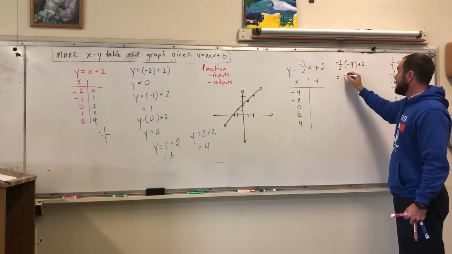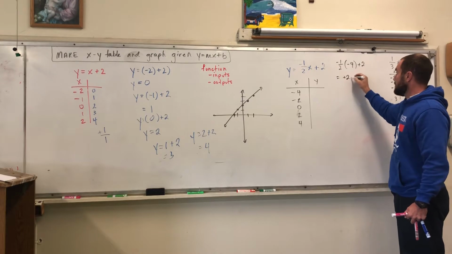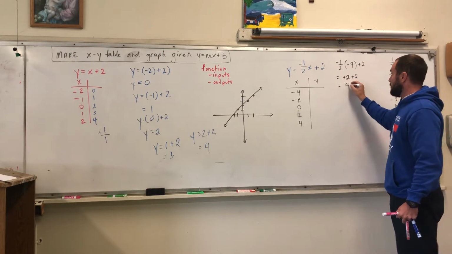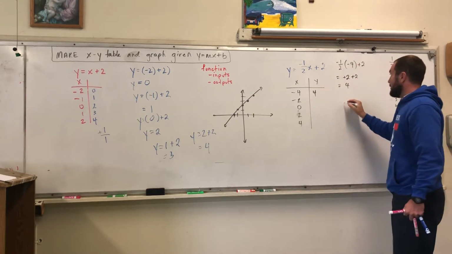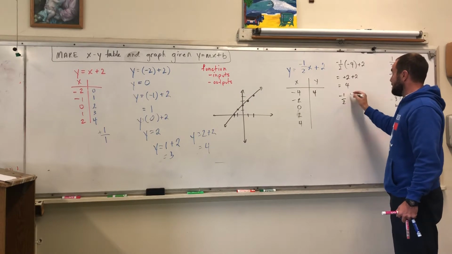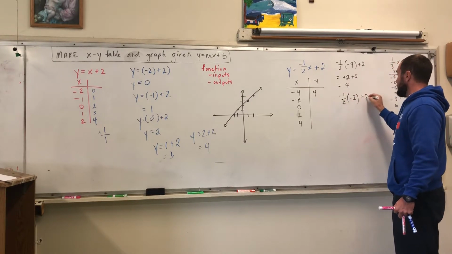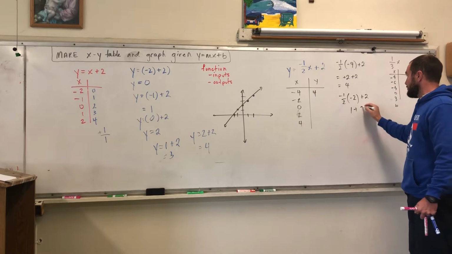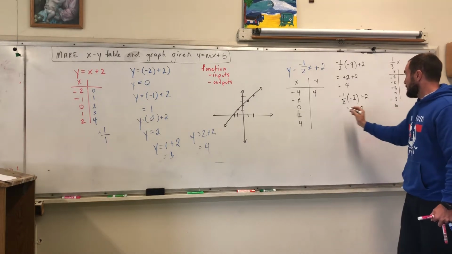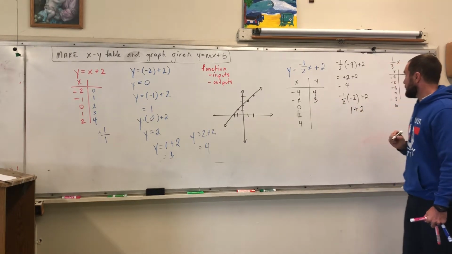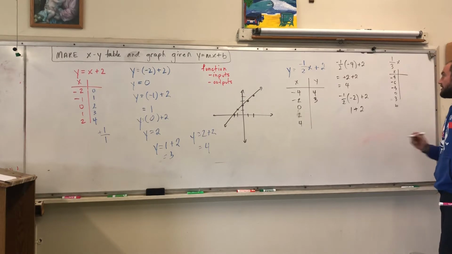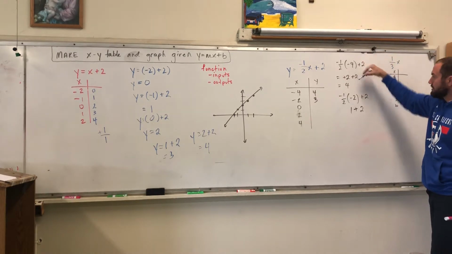Negative times negative is positive, half of 4 is 2. 2 plus 2, 4. And then we'll evaluate -1/2 times -2 plus 2. That's 1 plus 2. That's 3. Check my work there. Half of 4. That's good.